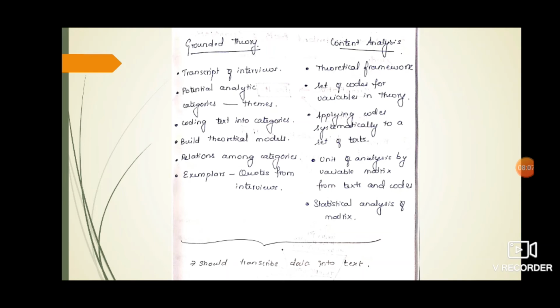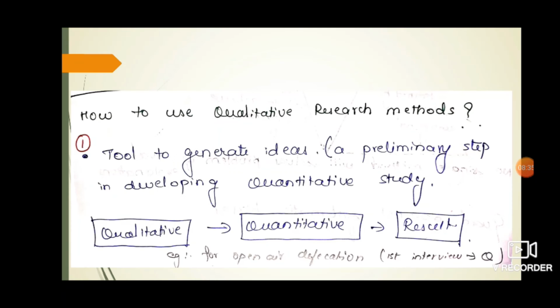Coming to content analysis, it is a set of codes for variables in a theory which is applied systematically to a set of texts. Unit of analysis, variable matrix from texts and codes, and statistical analysis of the matrix. All of this requires that the data be transcribed into text.